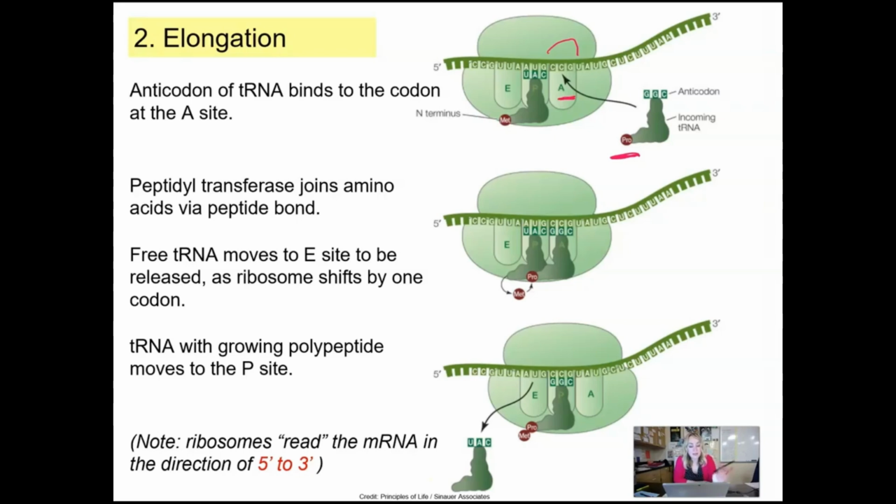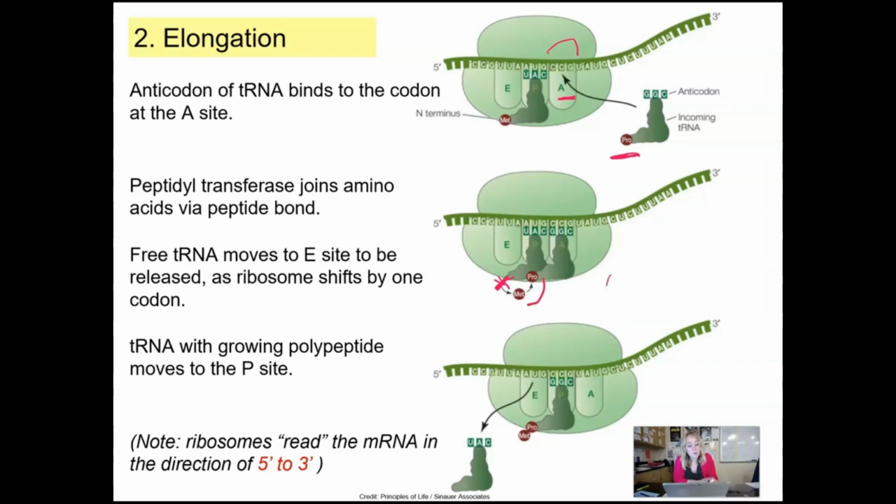And now the magic happens. When I say the magic, there are a couple of reactions happening. There's a reaction that removes methionine from the tRNA that came in. So this bond is broken. And then there will be a formation of a peptide bond between the amino acids.